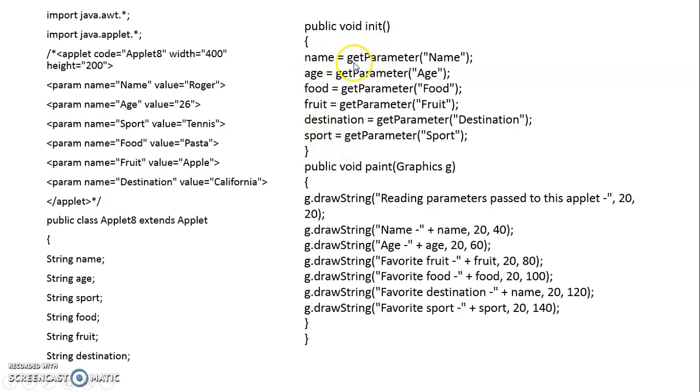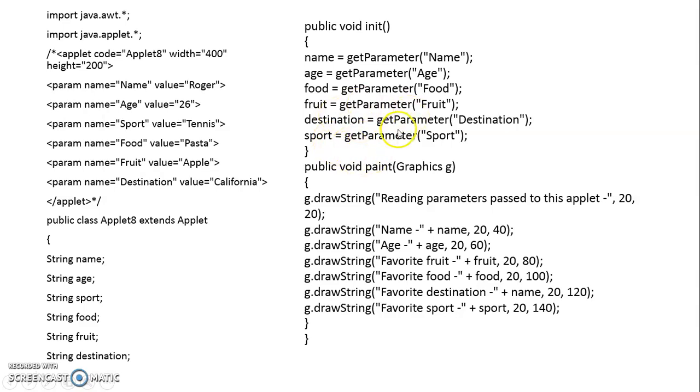Here we are using the getParameter method to get the value of name. Whatever value we get, that is Roger, will be stored in my variable name. Using this method, whatever value we get, that is 26, will be stored in my age variable. And this is how each value is retrieved and stored in a particular string variable.